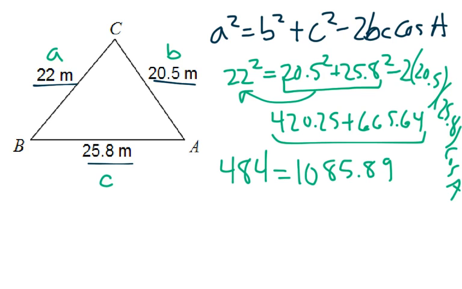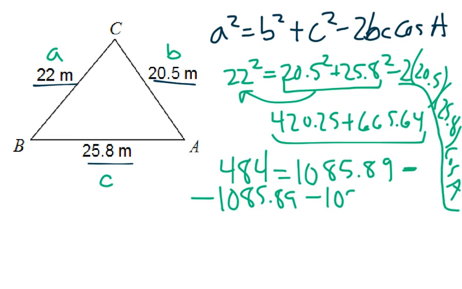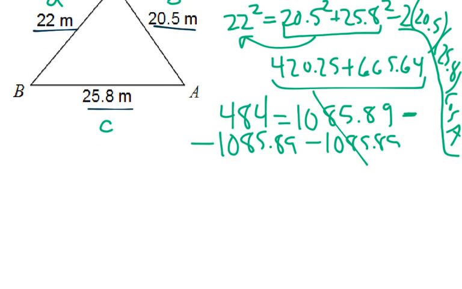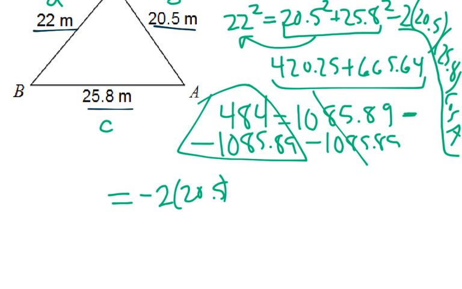So I take 484 and I subtract 1085.89. Now we still have this minus 2 blah blah blah, all that stuff. We'll get to that, okay? So by subtracting this on both sides, we get rid of all that, and so we're going to be left with whatever this is, equaling that negative 2 times 20.5 times 25.8 times cosine of A. Okay?